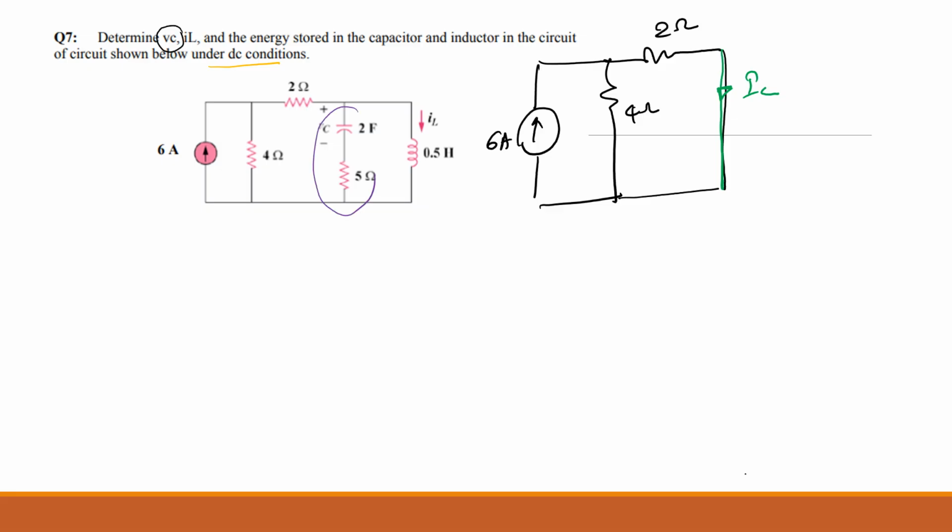That is somewhere here, am I right? So this one is open circuit. So even if you draw the resistor here, it doesn't make any sense because this resistance can't have any current. Am I right? So you don't need to draw this at all because it's not functional.